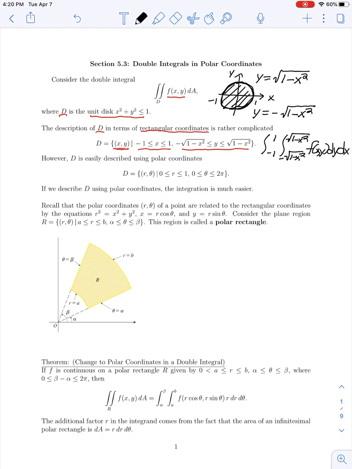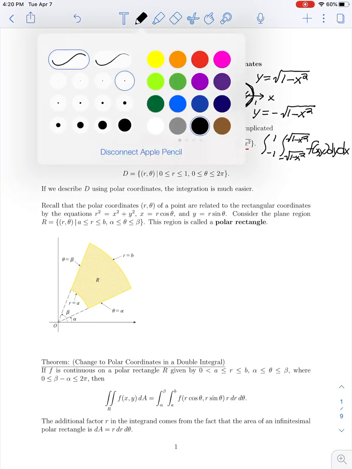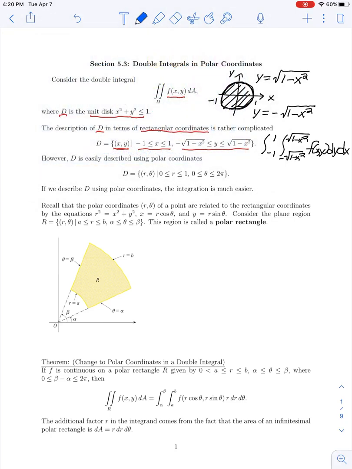Now, if we think about describing our region D, that is this unit disk, in terms of polar coordinates, we get a much nicer description. So D could be described using polar coordinates as the set of all points with polar coordinates r theta, such that r lies between 0 and 1.